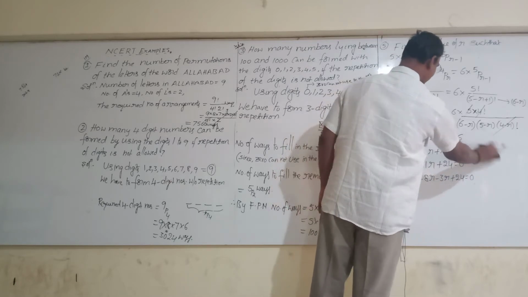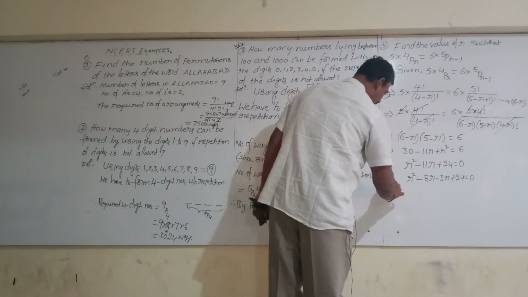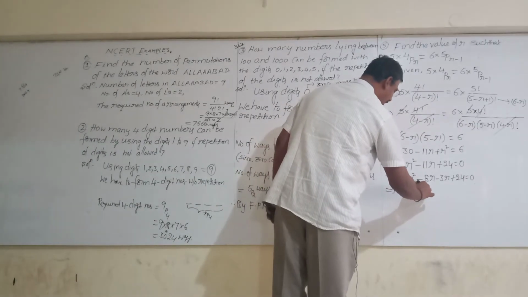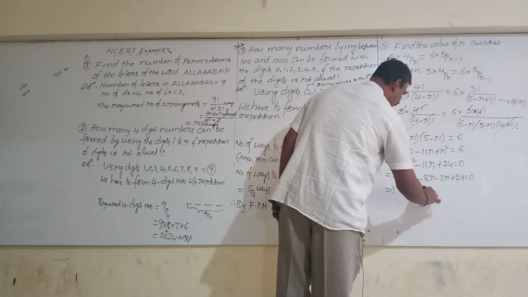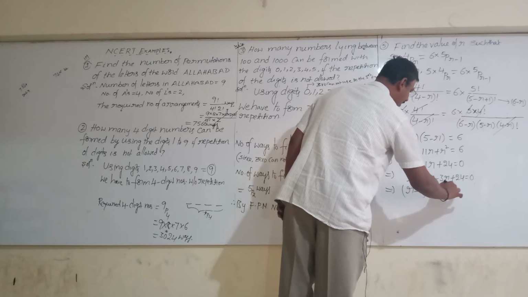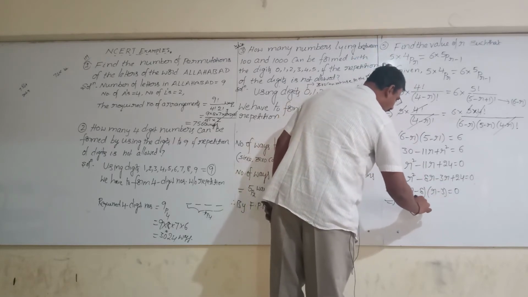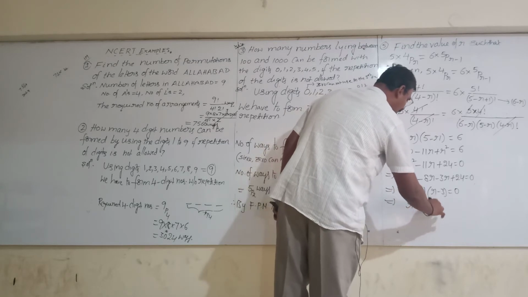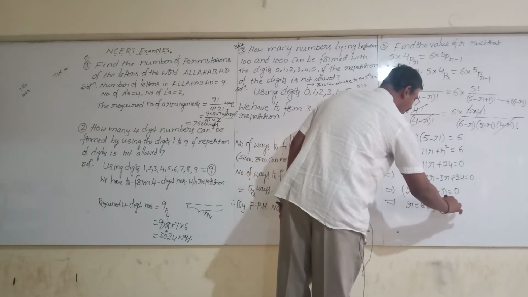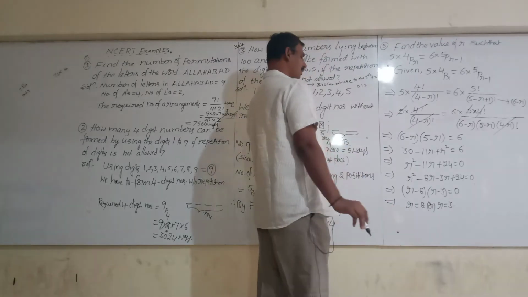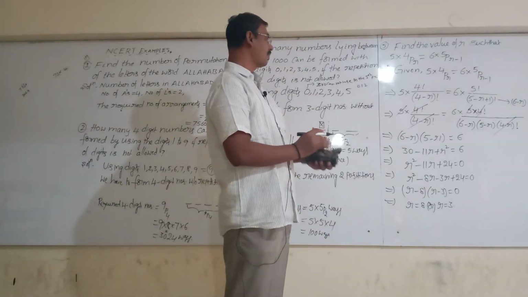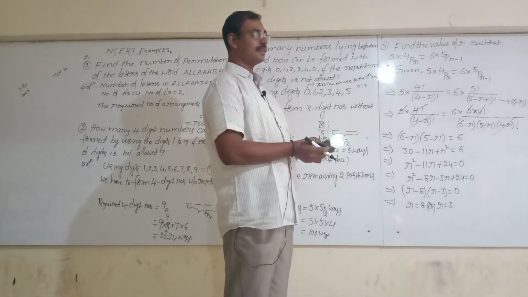So we get factors. Taking common, r minus 8 into r minus 3 is equal to 0. So what are the r values? r is equal to 8 or r is equal to 3. Is there any condition given? No. Therefore r will be either 3 or 8.